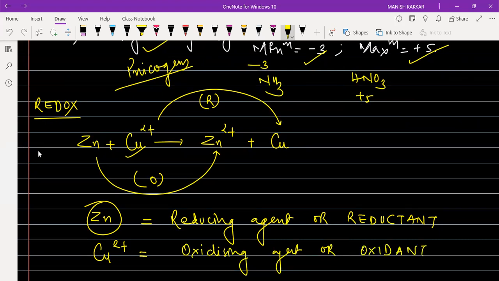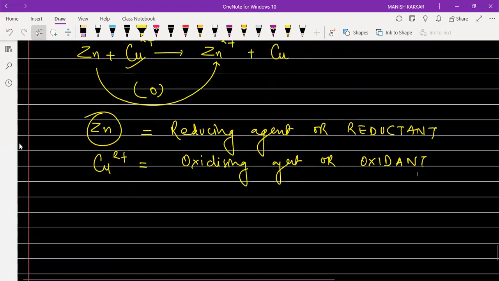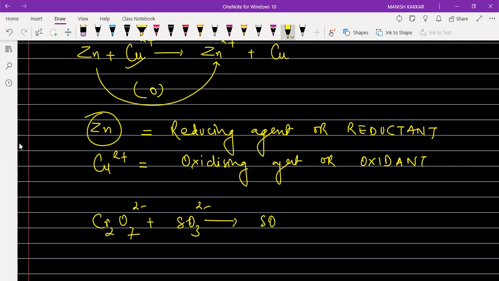That is the thing. So किसी भी redox reaction में अगर हमसे ये कहा जाता है कि आइडेंटिफाई करो ऑक्सीडाइजिंग एजेंट एंड रिड्यूसिंग एजेंट, तो उस केस में हम लोग क्या करेंगे, we will be checking the oxidation number of the elements.